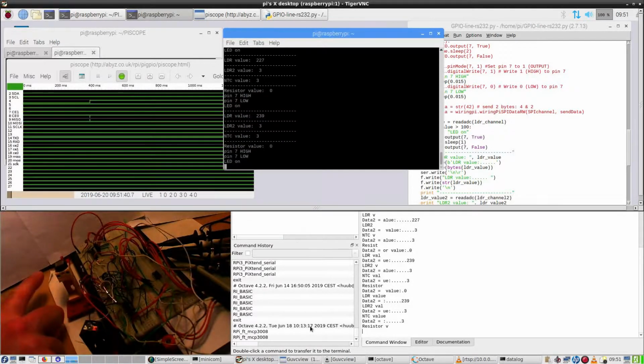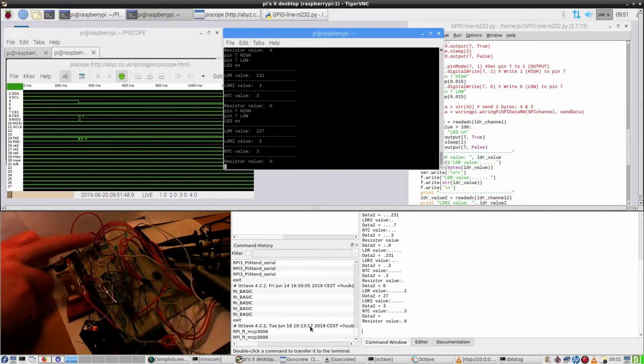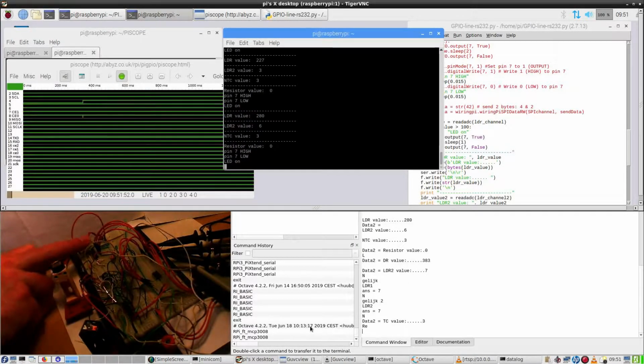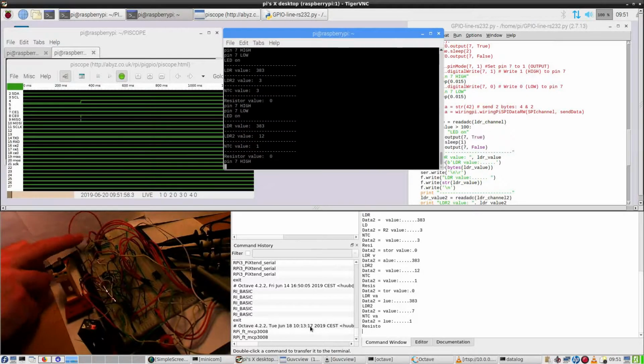Uncovering the other one, covering the other one, I should say. Not much happening, I'm afraid.